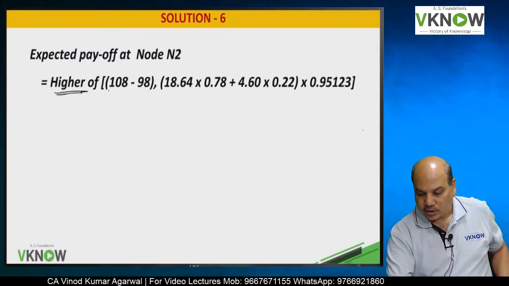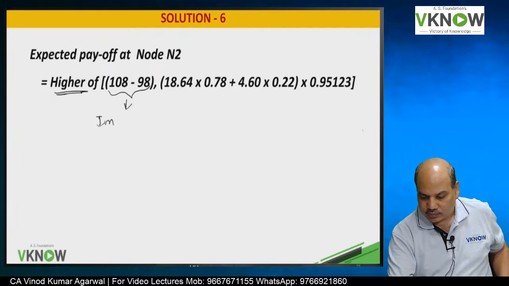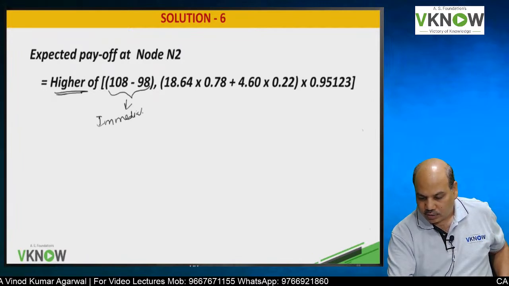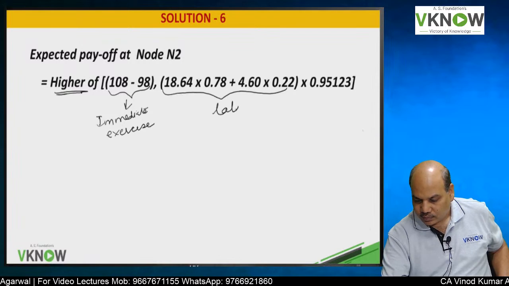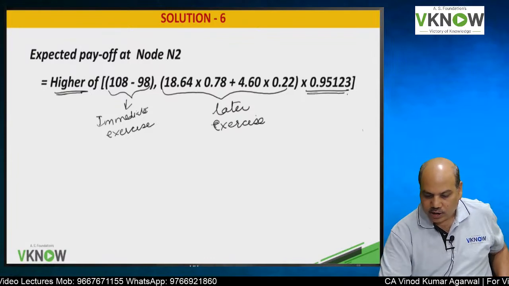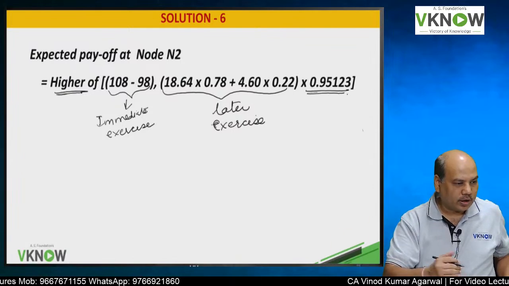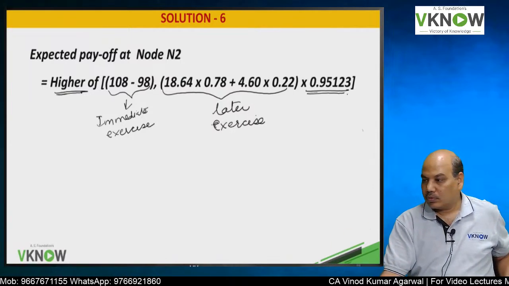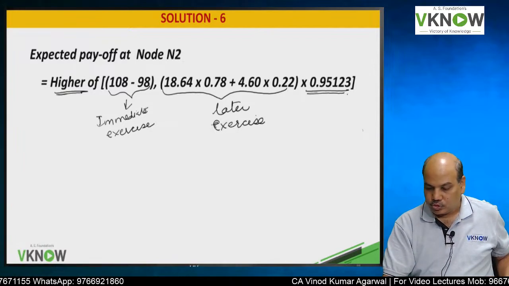So if I exercise at this node, immediate exercise, I will get 10 rupees. If I exercise later, I will get this value, but this value is after 2 years, so I will multiply by 1 year factor, because I am moving from year 2 to year 1. So solve it.